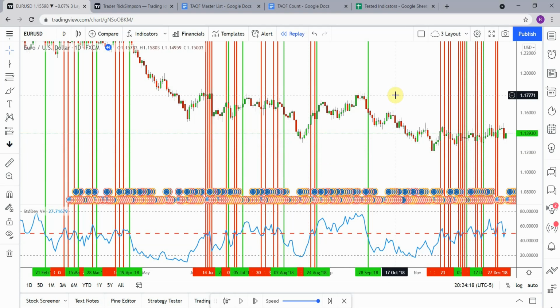And so that is not going to meet the 60% criteria. That is not a very good win rate at all.